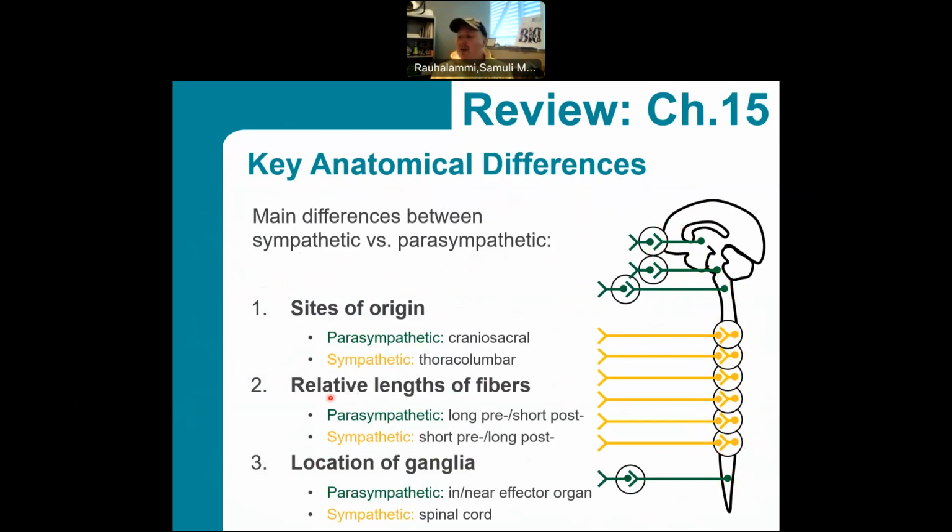We're also seeing differences in the length of the nerve fibers between the two, and differences in where the ganglia for these pre and post synaptic nerve fibers are located. So there's a lot to unpack, and not just physiologically, but also when it comes to the anatomy.